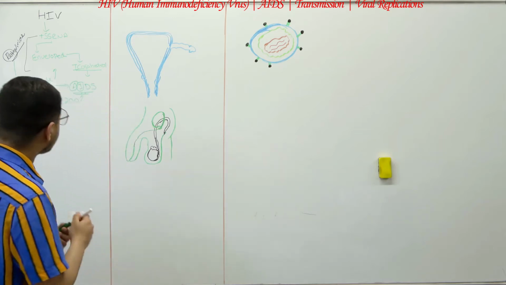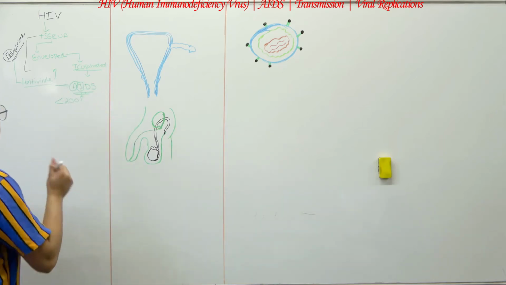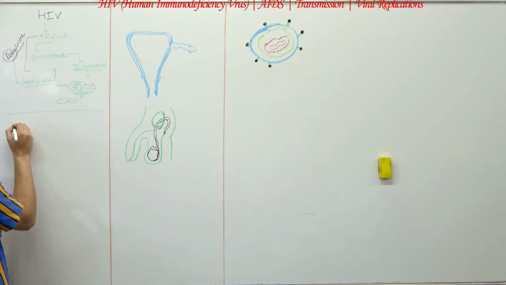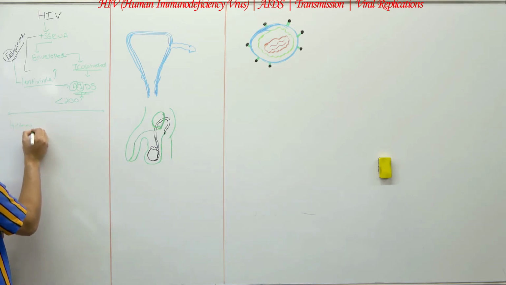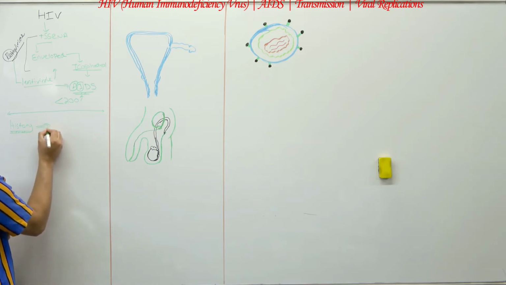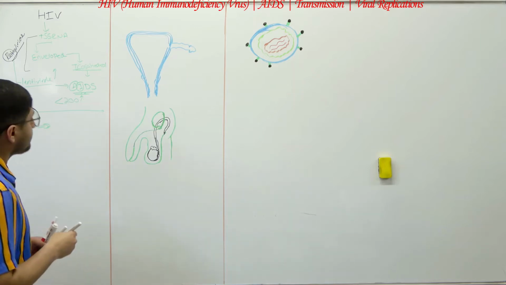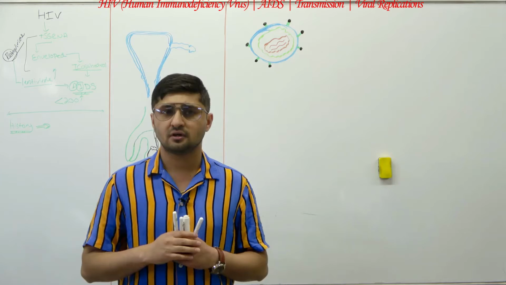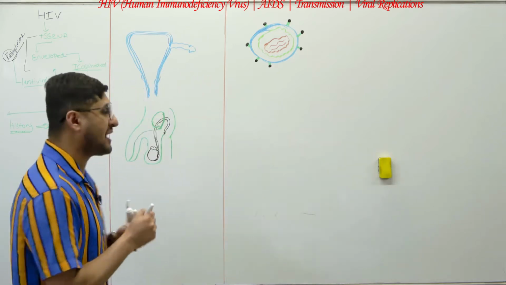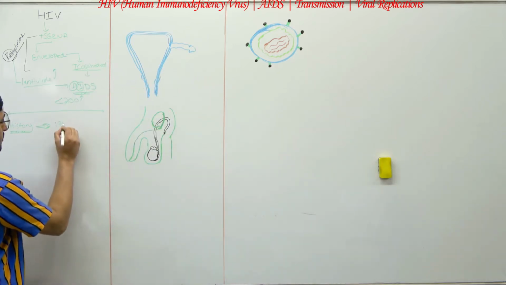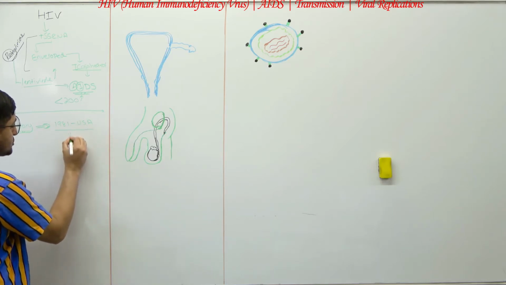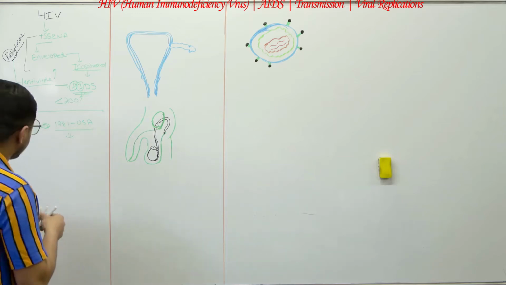Now, before we go on, let's talk a little bit about the history of HIV. I'm not going to go super detailed, but let me give you an idea. HIV was first discovered in 1981 in the USA.